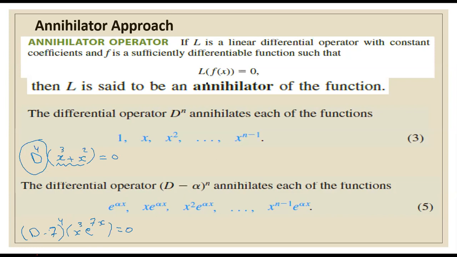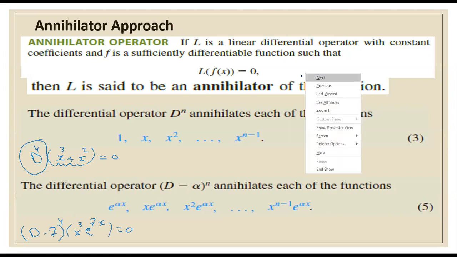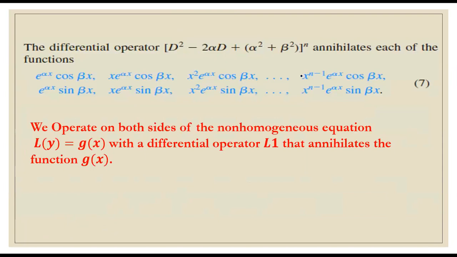Let me go to the third rule for the annihilator function. Did you get the idea of the annihilator? It's a differential operator; if I apply it to my function, I will get 0. Now my question: I need the annihilator of cosine x or sine x, no problem, cosine x.